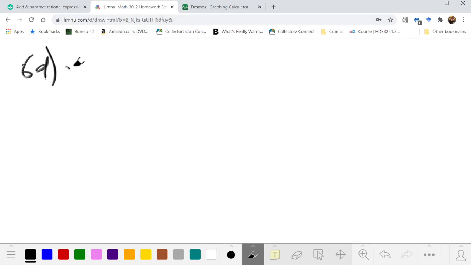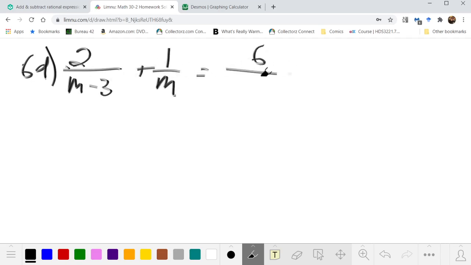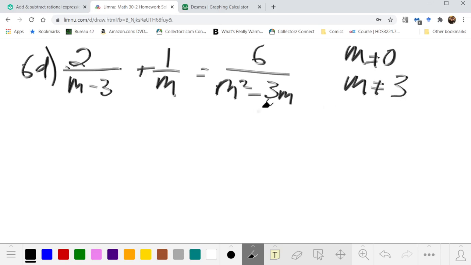So 6 part D, 2 over m minus 3 plus 1 over m is 6 over m squared minus 3m. Our restrictions are m cannot be 0 and m cannot be 3. M squared minus 3m factors to m times m minus 3.